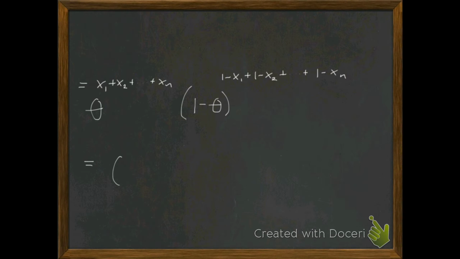Now it should be pretty clear, therefore, that we can set up the likelihood function by taking the sum of the x's. So we've got 1 plus 1 plus 1, n times, and then minus the sum of the xi's. So the first thing we'd want to do is set up the likelihood function, which we just did.